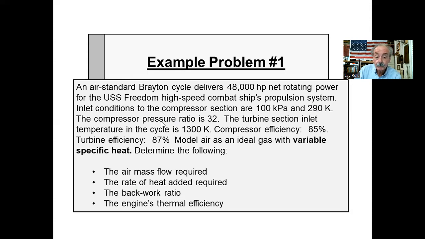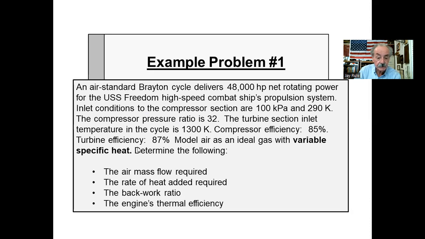The compressor pressure ratio is 32, so the outlet pressure is 32 times the inlet pressure of the compressor. The turbine section inlet temperature in the cycle, so what's going into the turbine, is 1300 K. The compressor efficiency is 85%, and the turbine efficiency is 87%. For this example problem, let's model air as an ideal gas with variable specific heat.